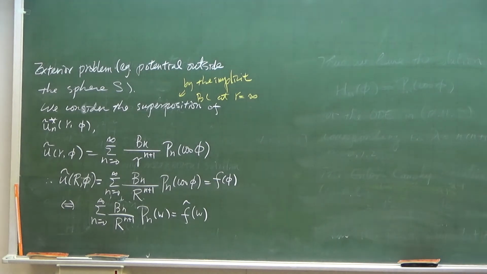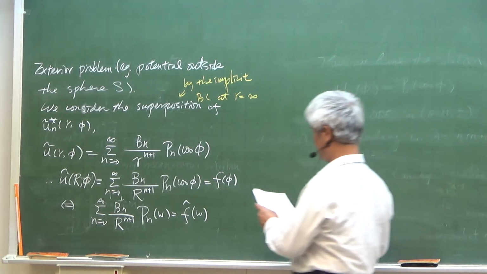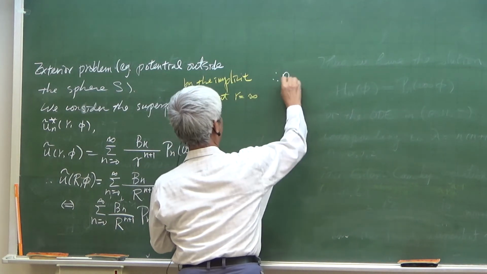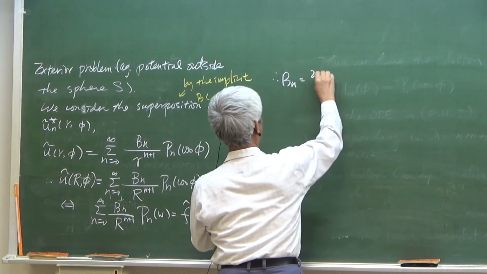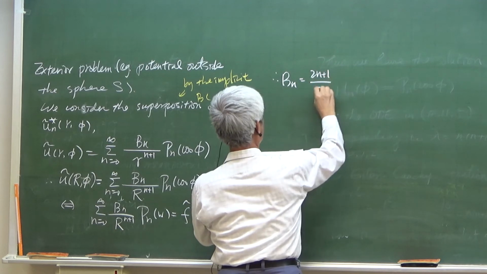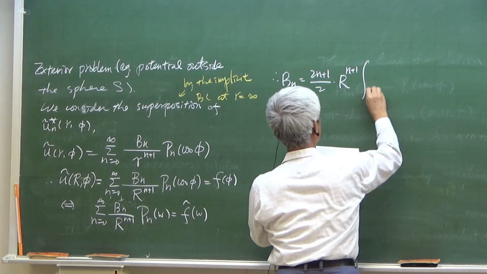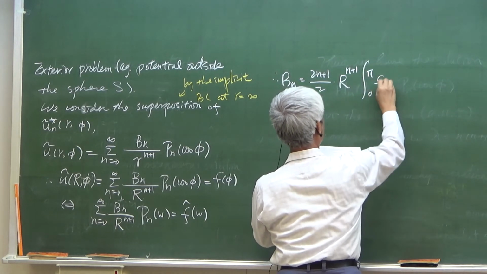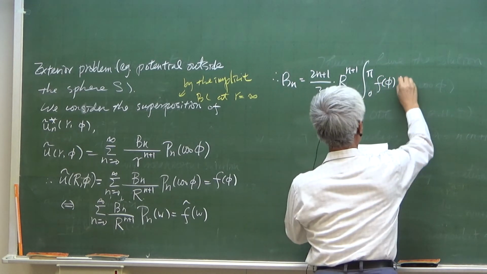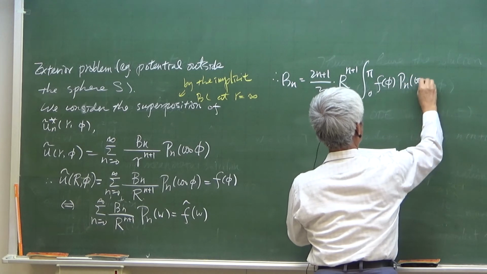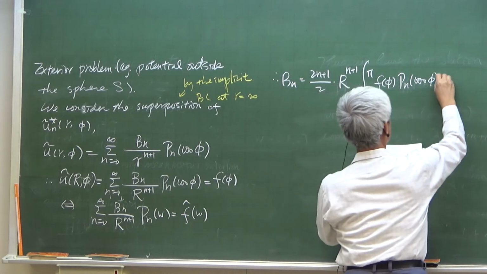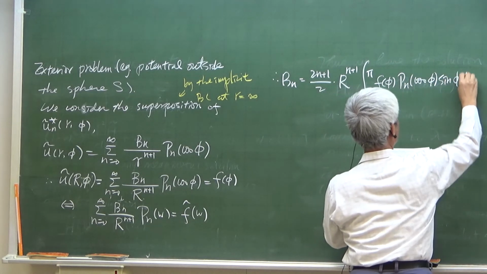Okay, and so as in the derivation above, finally we have B_n equal to (2n+1)/2 times r to the n plus 1 power, times the integral from 0 to pi of f(phi) P_n(cos phi) sin phi d phi.